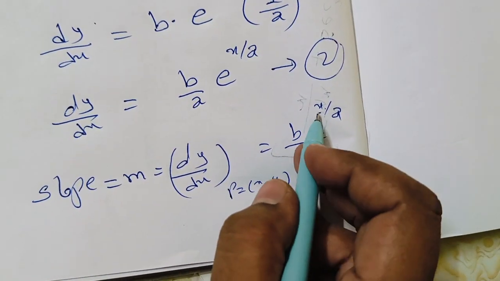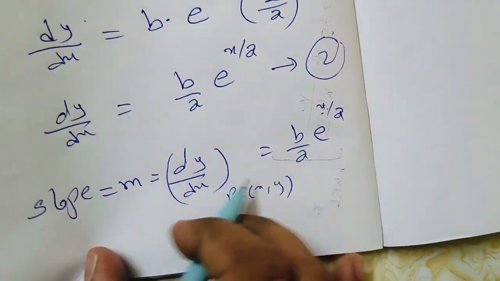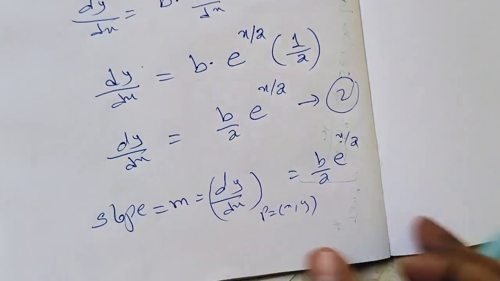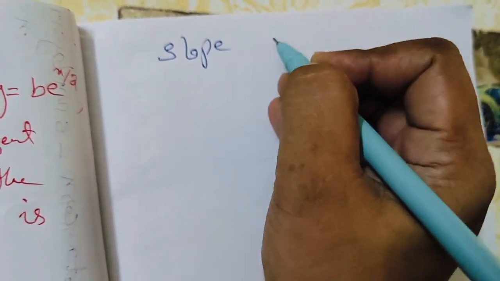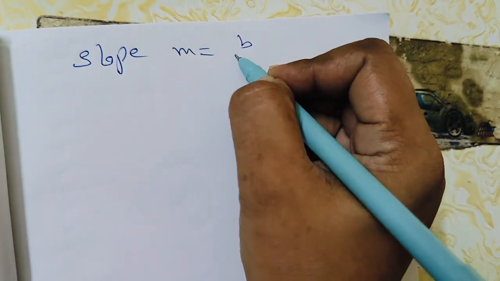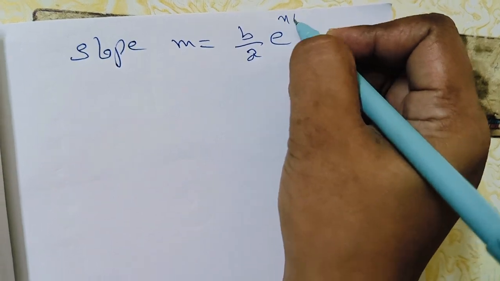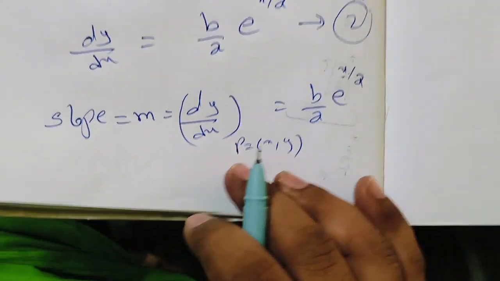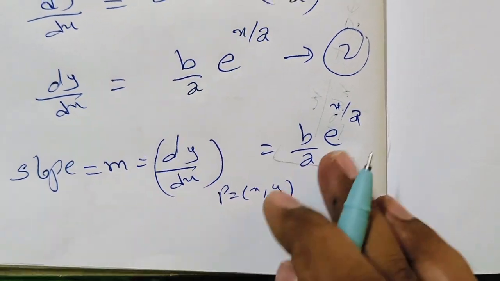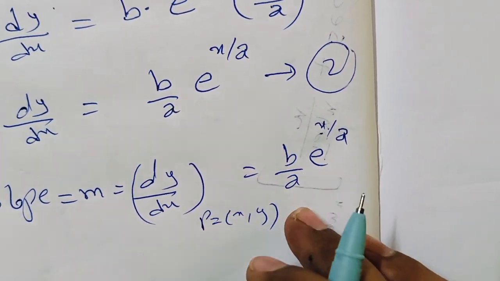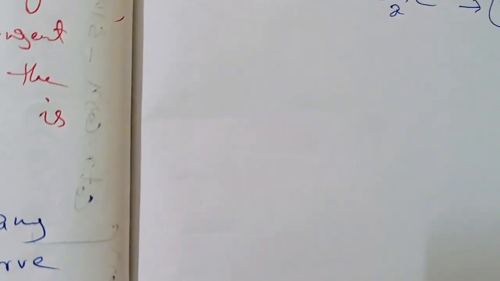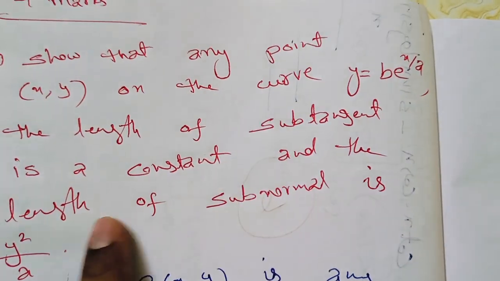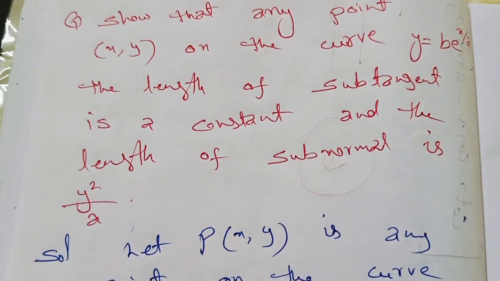In this curve, we have only x, so when we substitute x, our slope is m = (b/a) e^(x/a). We get the same value, b/a into e^(x/a). Take it as 3.